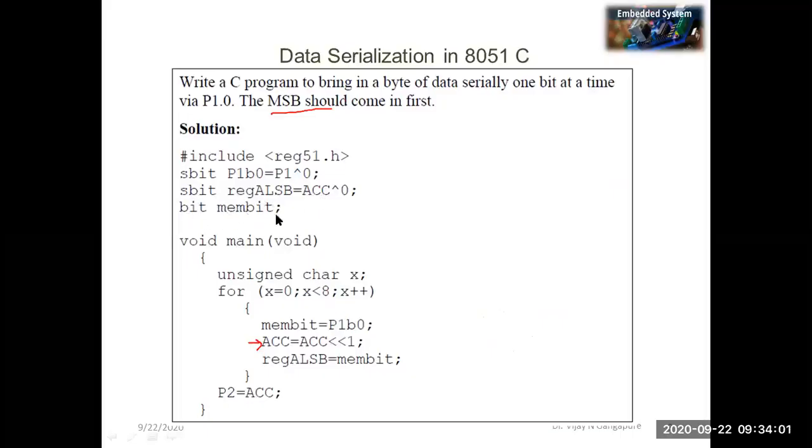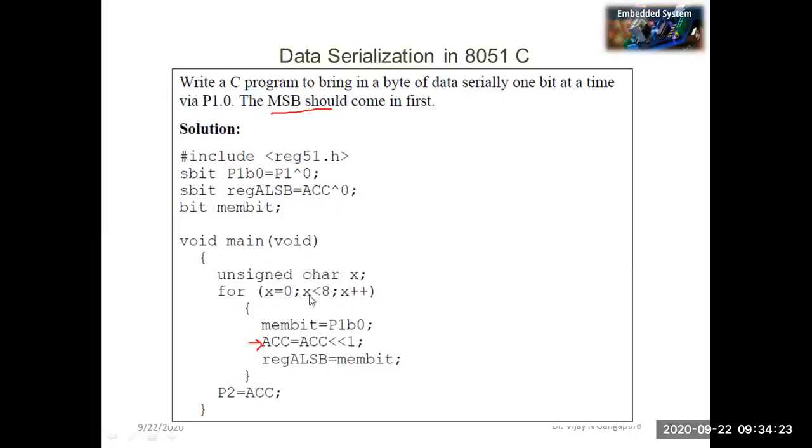Bit mem bit, I am declaring mem bit as a variable of type bit in which I can store one bit of information, either 0 or 1. Then the main function, void main void, unsigned char x. I am declaring x as an unsigned char type variable which is used in this for loop.